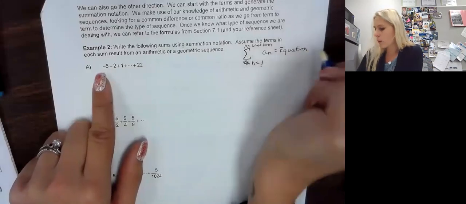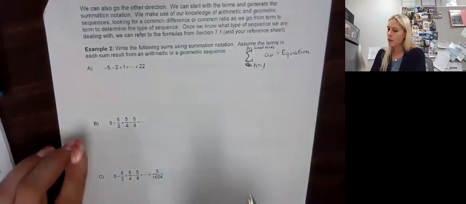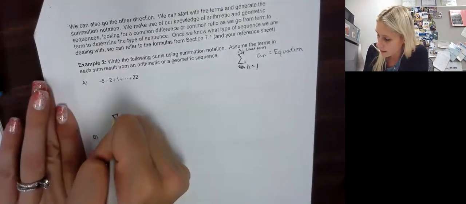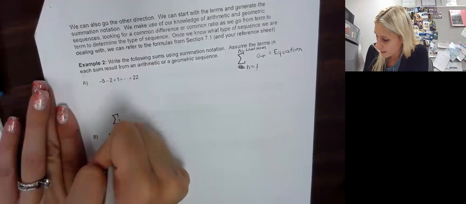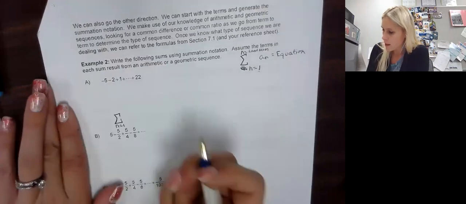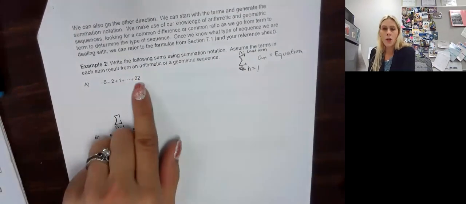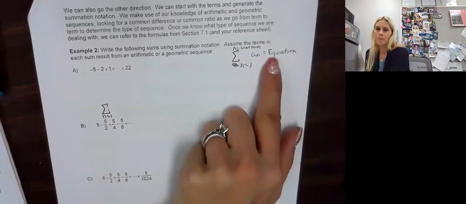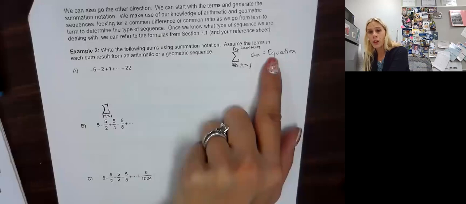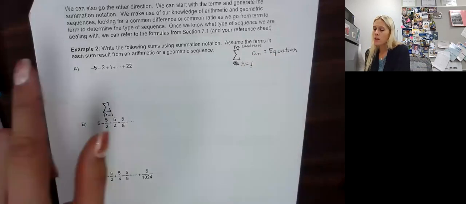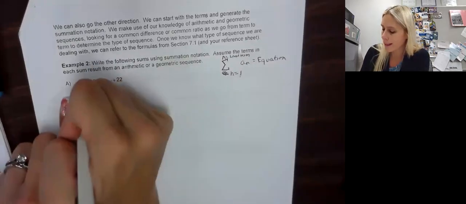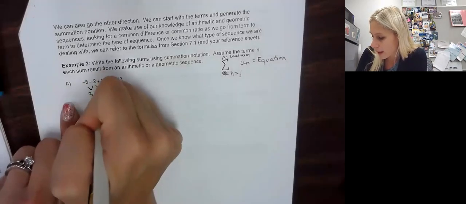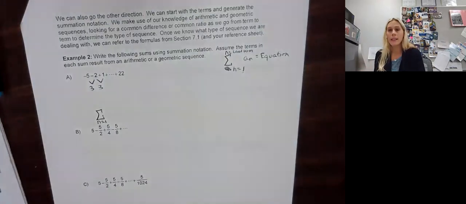All right, so what's given to us? Well, first of all, we know that we're going to start at n equals 1. So we need to find what term is 22, and we need our equation. The best thing to do first is to find our equation. So let's look at our pattern. What is happening every time here? We are adding 3, which means it's an arithmetic sequence.